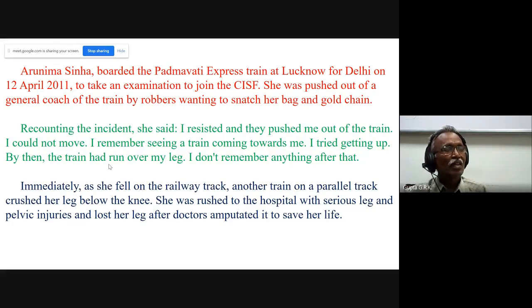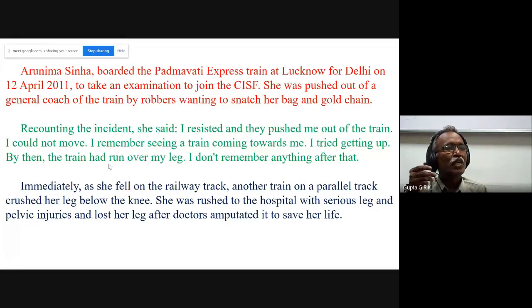Actually, later she has written a book also. In that she has written that some tens of trains went over that leg. She could not move, and for many hours she was lying there, bleeding and becoming weak. As she fell on the railway track, another train on a parallel track crushed her leg below the knee.